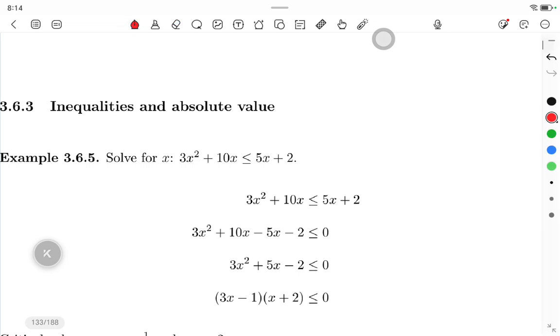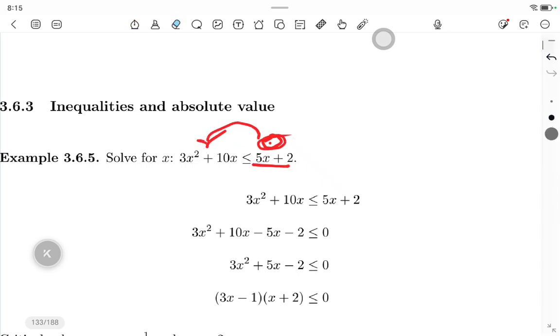The first question says we should solve 3x squared plus 10x less than or equal to 5x plus 2. Then what you should do here, as long as this side is not saying less than or equal to 0, is take everything to the other side so that we have a 0 on this side.